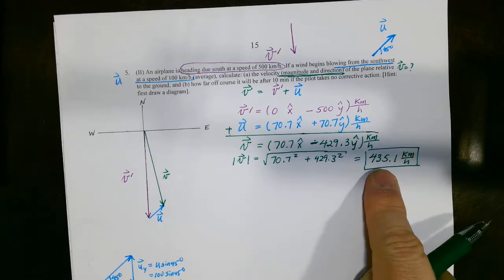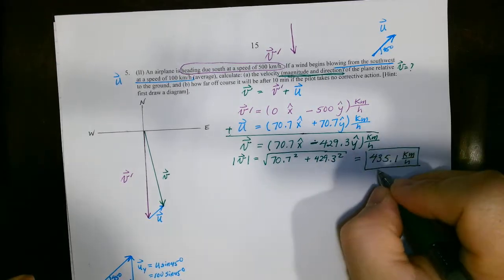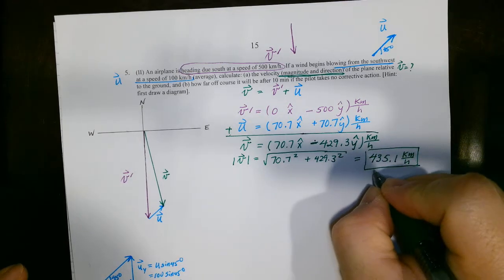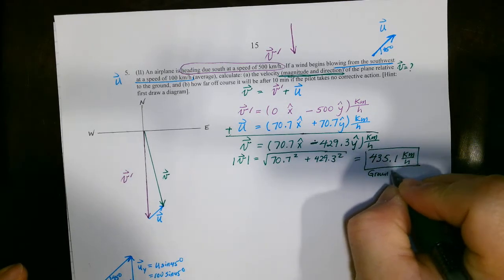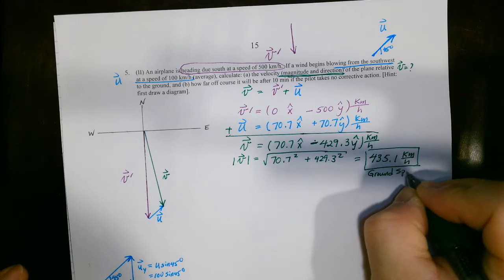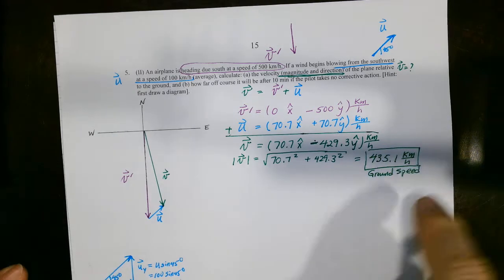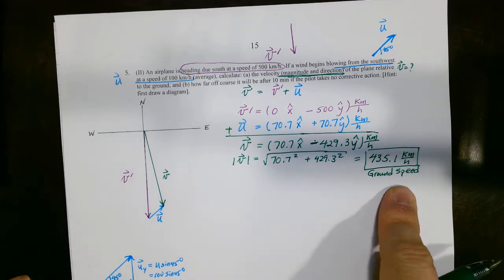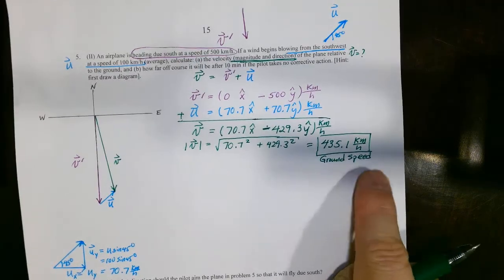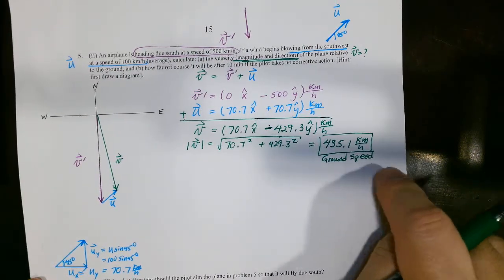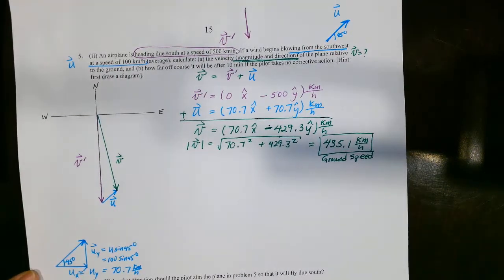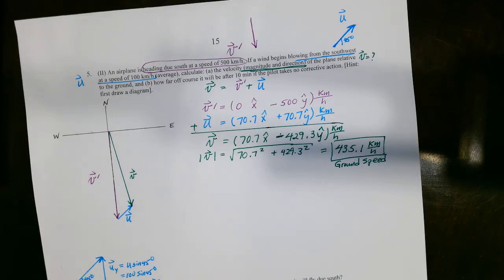So that's the ground speed, which means this is the speed that is measured from the stationary person on the ground. Okay? Now, let's take a look at the actual direction. Now, the direction can be calculated two ways.